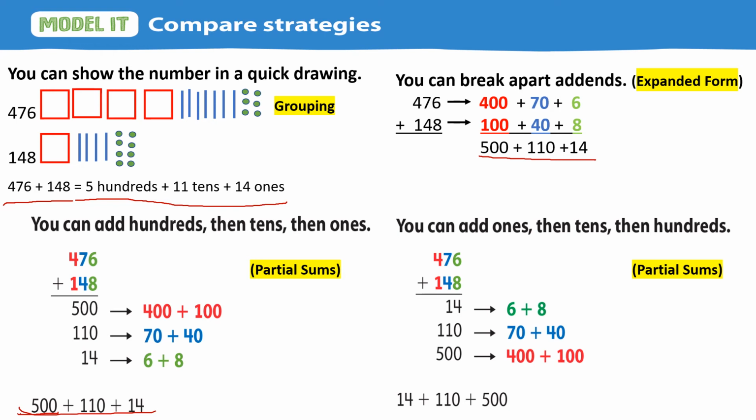So did you notice that this is actually just the same problem added together in a different order? Instead of starting with the hundreds place like we did in the first one on the left, we started with the ones place on the right. So we see 6 plus 8 is 14. We still added 7 plus 4 to get 110, and the 7 tens and the 4 tens, which is the 70 plus 40, to get 110.